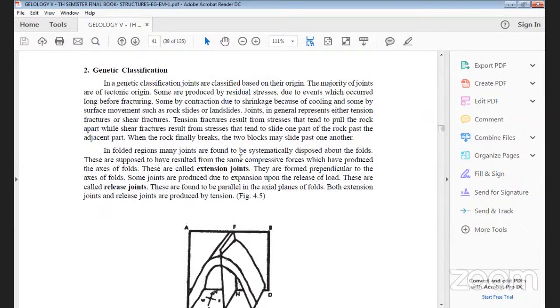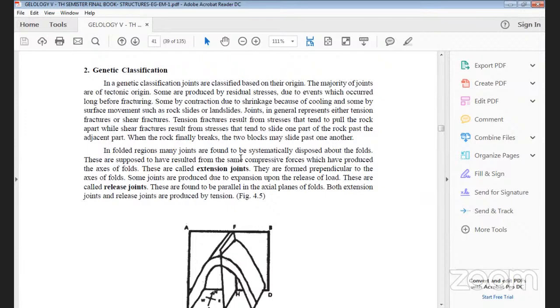Based on this classification, depending on their genesis, we will classify them. The majority of the joints are of tectonic origin, some of them produced by residual stress, and some produced by events occurring along with fracturing.